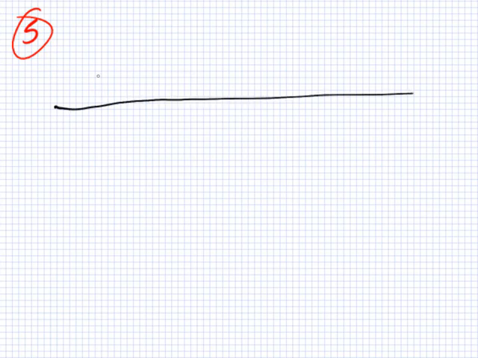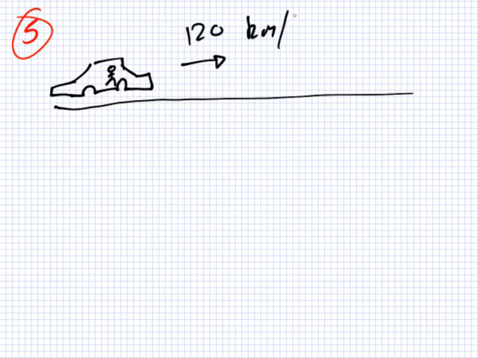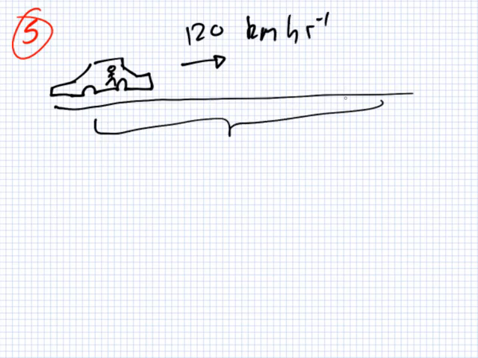So what you have here is the motorway, here is the car, here is the teacher, and it's 120 kilometres per hour. So in 1 hour, how far has the car travelled? 120 kilometres. Now, every 1 kilometre, how much CO2 comes out? 119 grams.